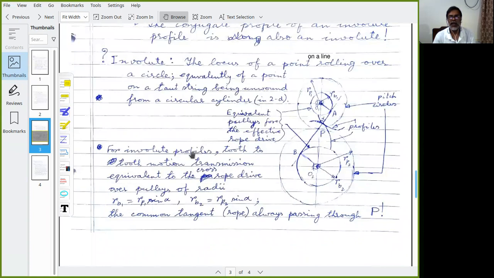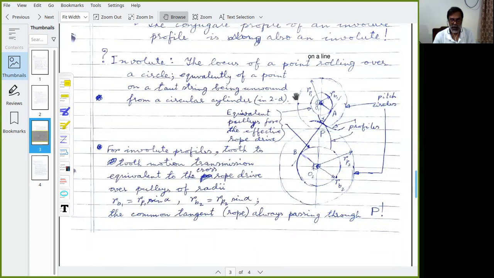Now for involute profiles, tooth motion transmission is equivalent to the crossed rope drive, where pulleys of radii RB1 and RB2. RP1 and RP2 are the pitch radii, and you consider base circles RB1 and RB2, which are given like this at this angle alpha between this point and this point.